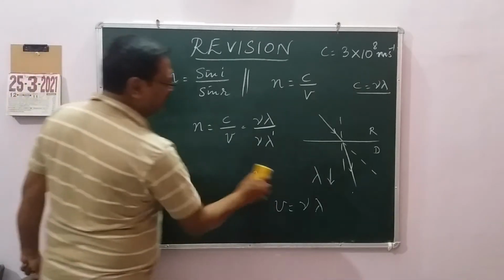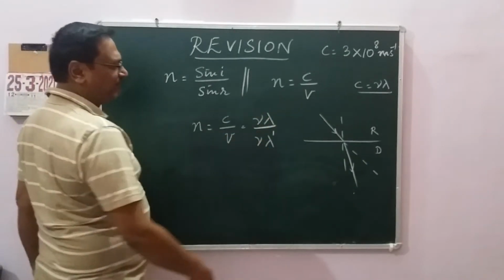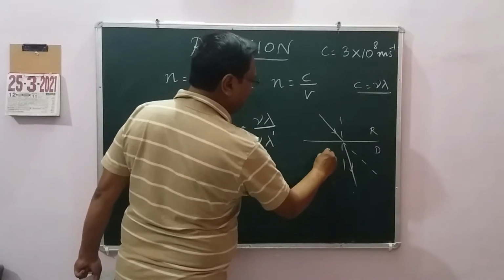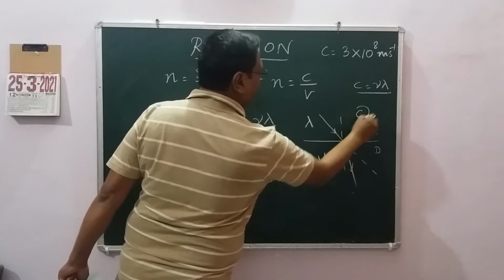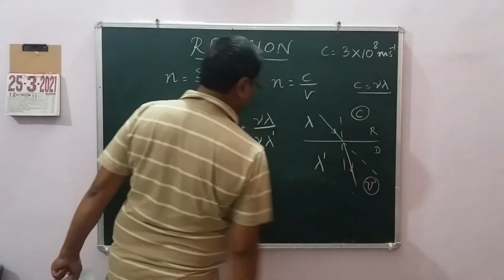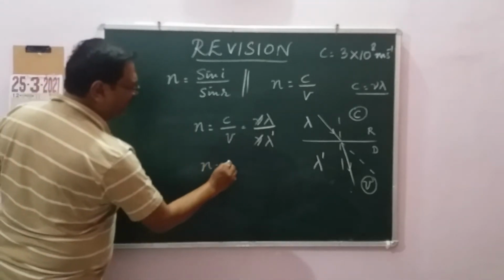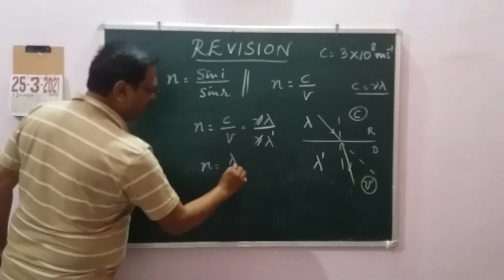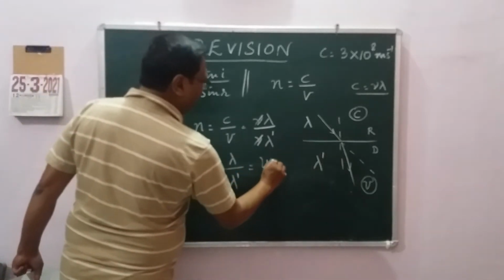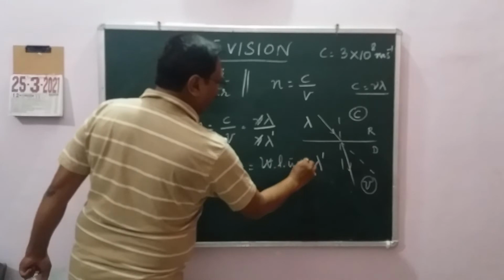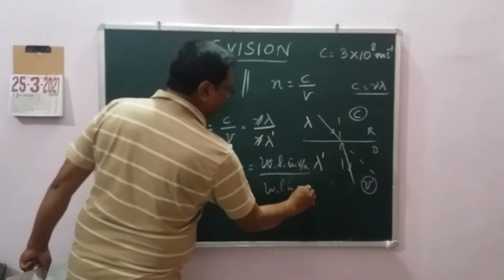So what I have done here is nu lambda upon nu lambda dash, because the wavelength in this medium is lambda dash and the wavelength here is lambda, and here it is c velocity and velocity here is v. Okay, so nu gets cancelled, so you have another formula: n is equal to lambda upon lambda dash. That is wavelength in vacuum or air divided by wavelength in the medium.